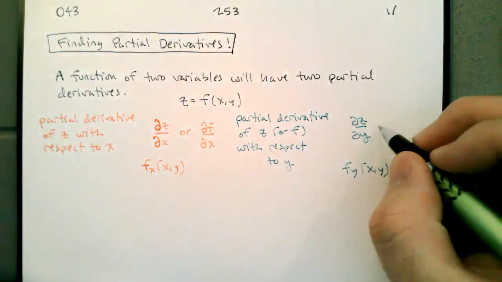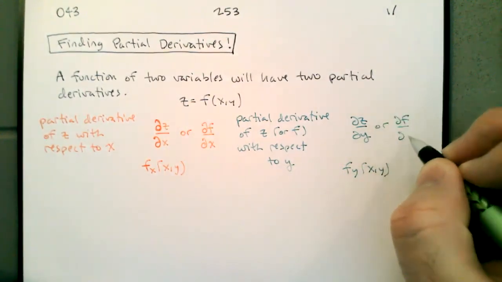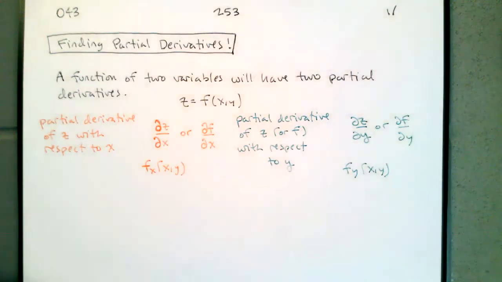And we could also say the partial derivative of f with respect to y. We could put the name of the function as the thing that we're taking the derivative of.